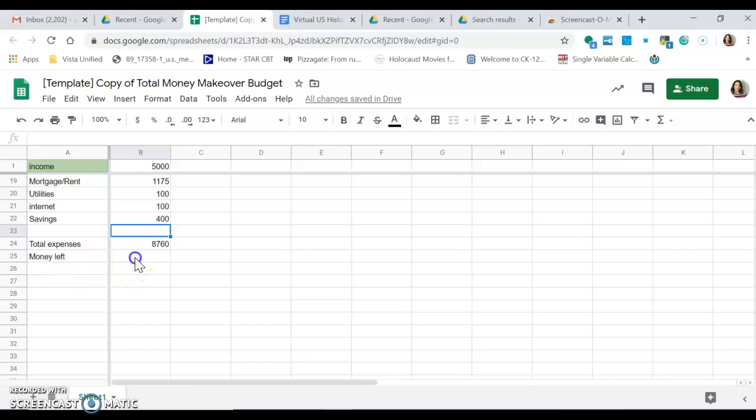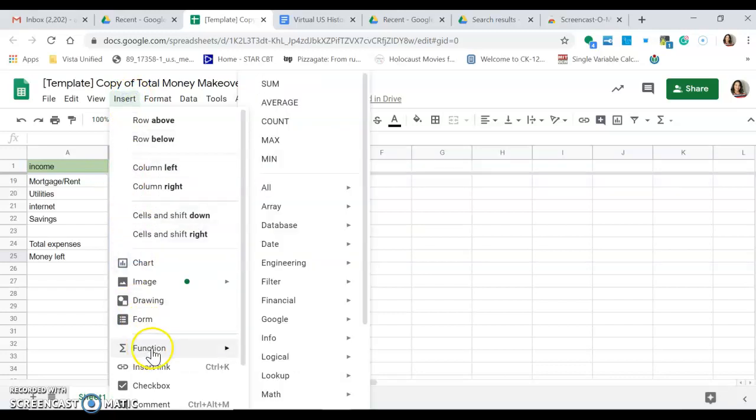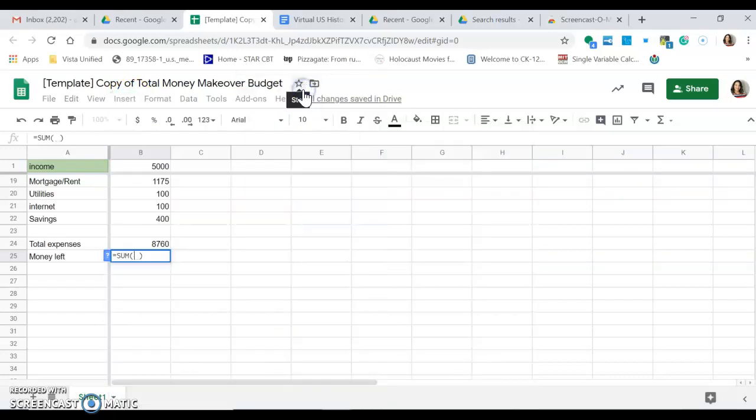Okay, so money left is very similar. I'm going to go in here, make sure I highlight that cell, and I'm going to insert, function, sum again. But this time I'm going to subtract.